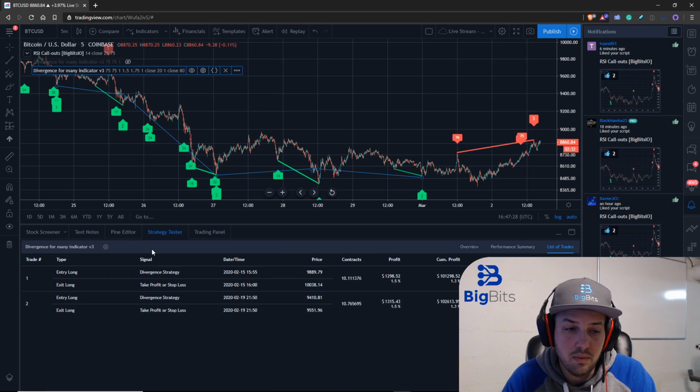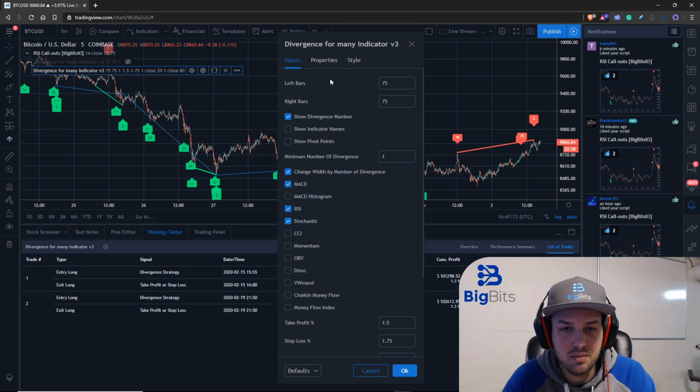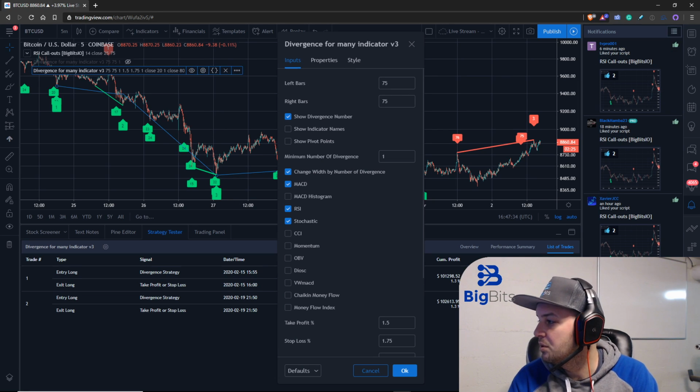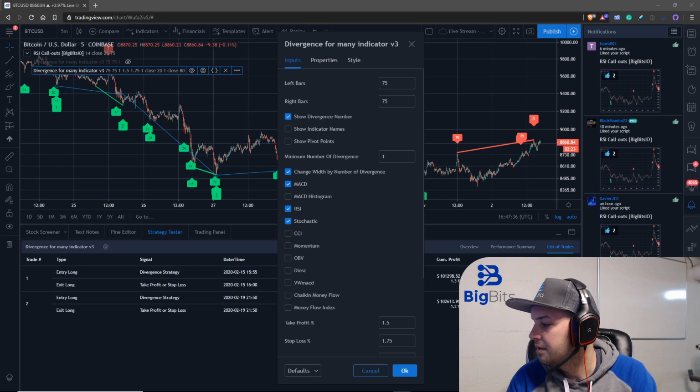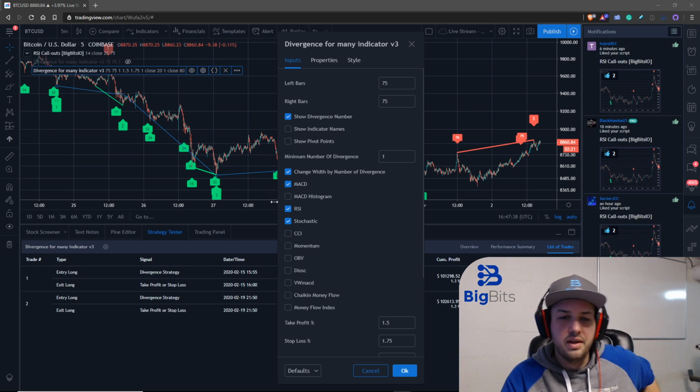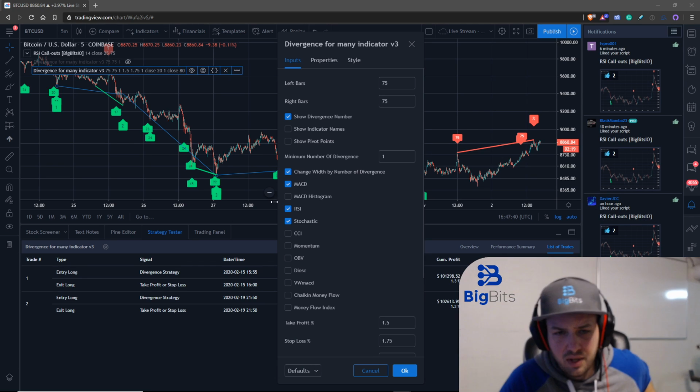No. So it might have been better off just to use the actual divergences that are built in. But I'm going to play around with this a little bit more. The good thing about this is we can actually take a look and see what divergence periods work best, and you can try and scalp some with it.